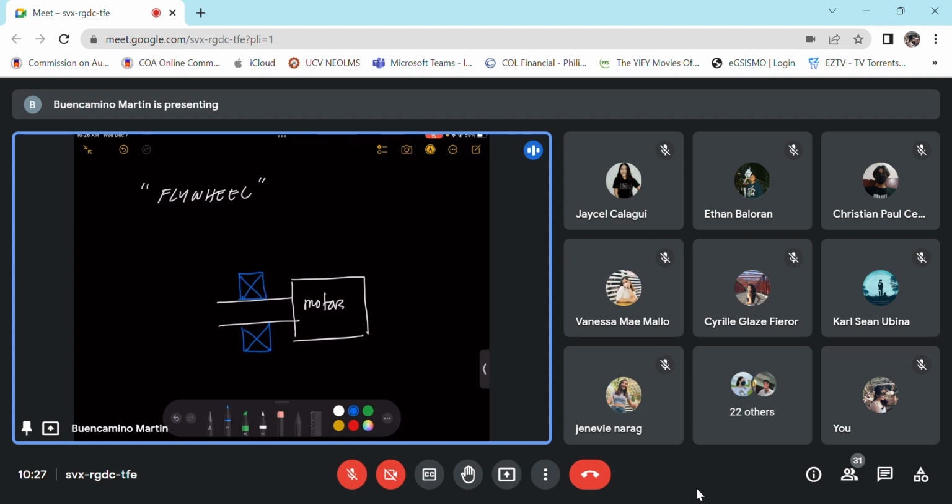And then usually, class, this system is being provided with a flywheel. May flywheel dito na mas malaki yung mass niya doon sa motor. Okay, so ito na yung flywheel.